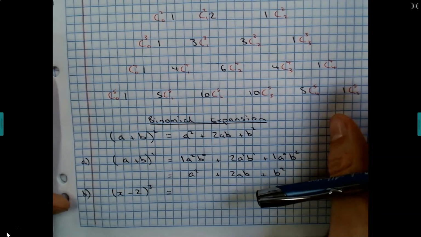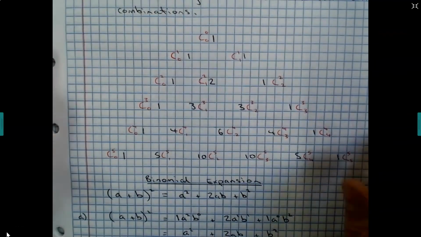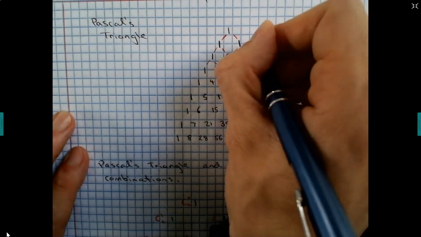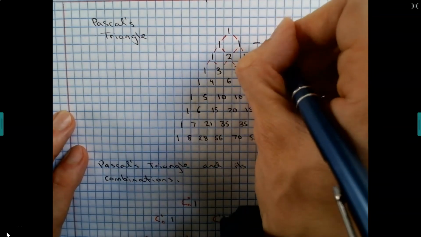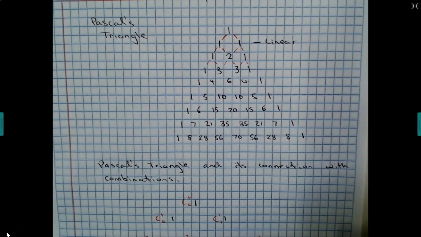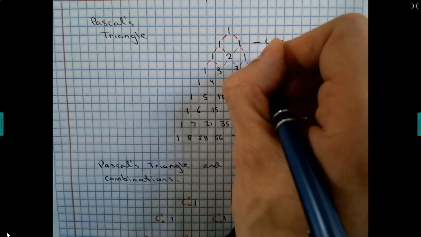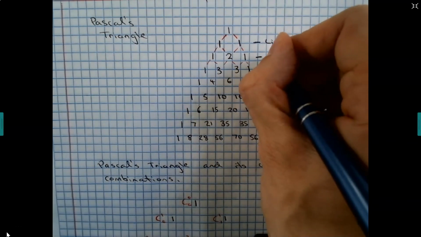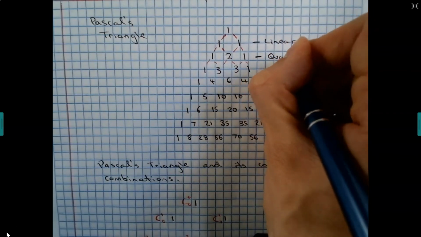Now, if we come back to here, this first row we use for linear, if we're dealing with linear expansion. This row here we use if we're doing a quadratic. So the one that we just did was a quadratic.